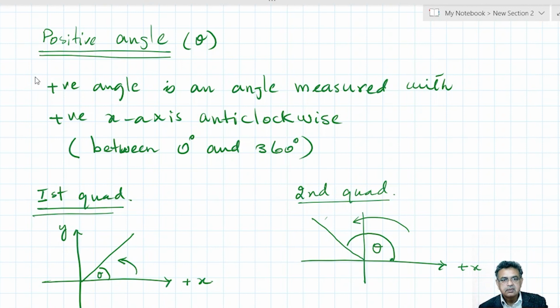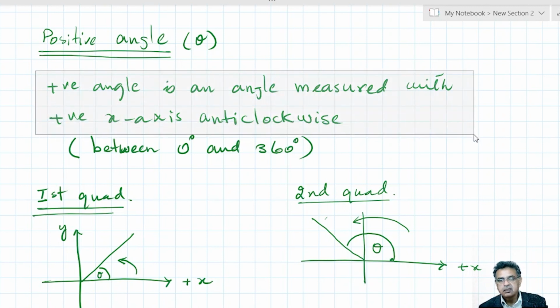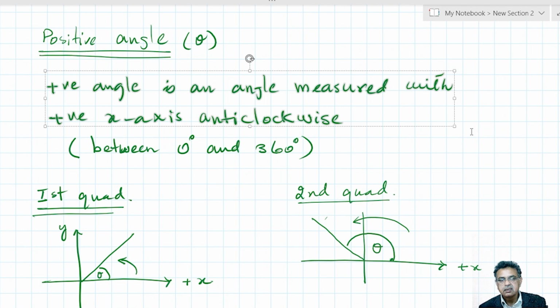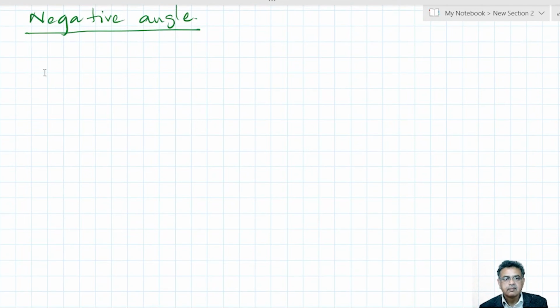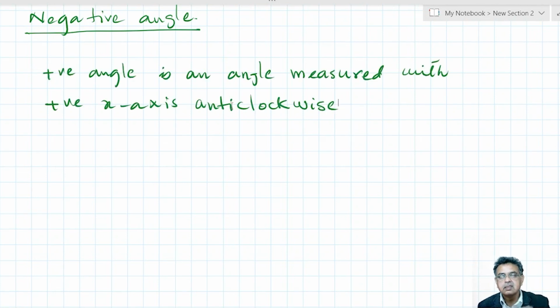If I copy these words from here, then I think you can understand better. So this is the definition of positive angle.